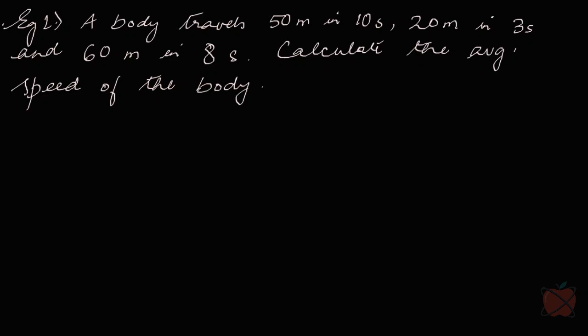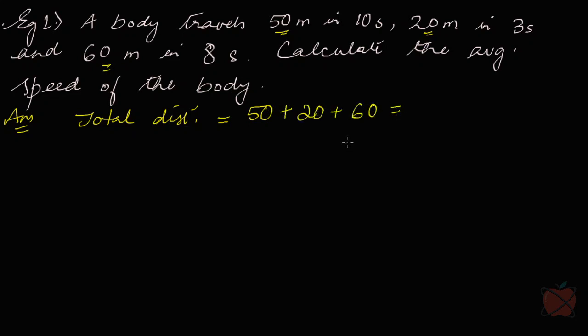To find the average speed, all we need to do is to find the total distance. 50 plus 20 plus 60, so that becomes how much? 50 and this will be 70, 130 meter, and the total time.